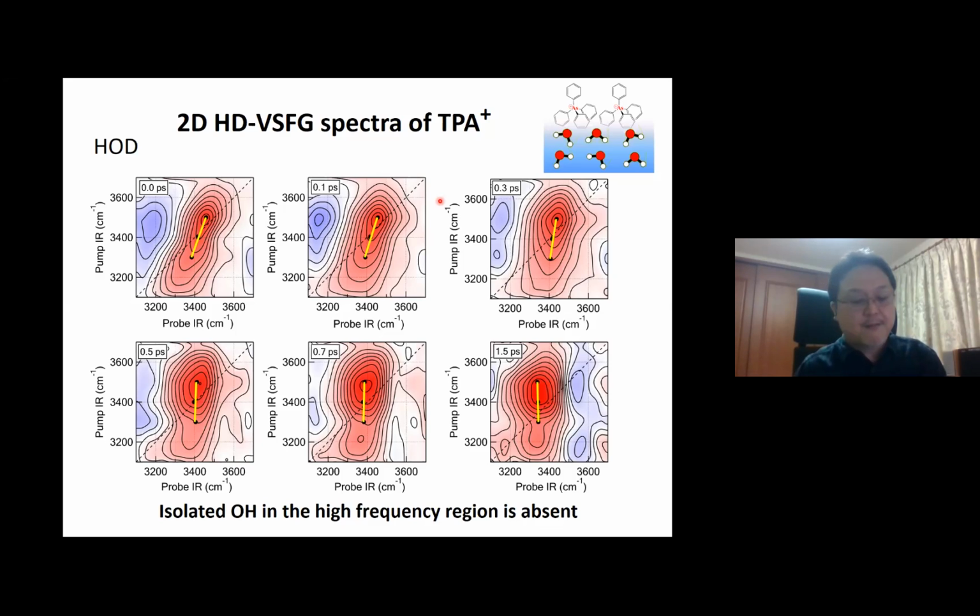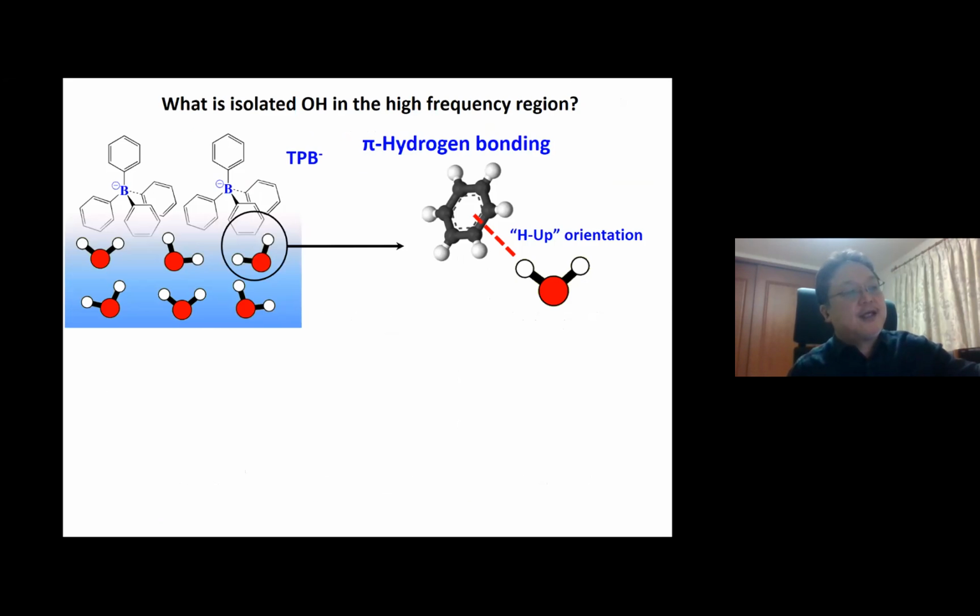In the case of the TPB minus water interface, we assign the energetically isolated OH bond to an OH having pi hydrogen bonding with the aromatic ring of the negatively charged ion.